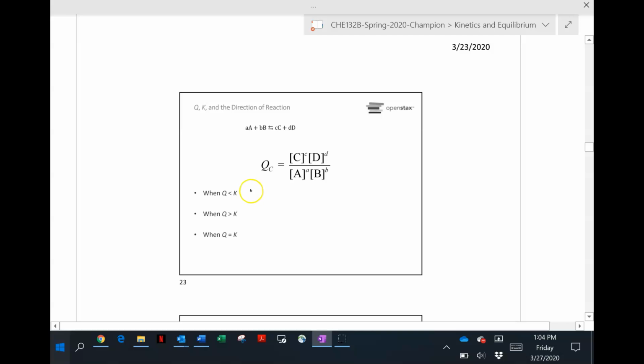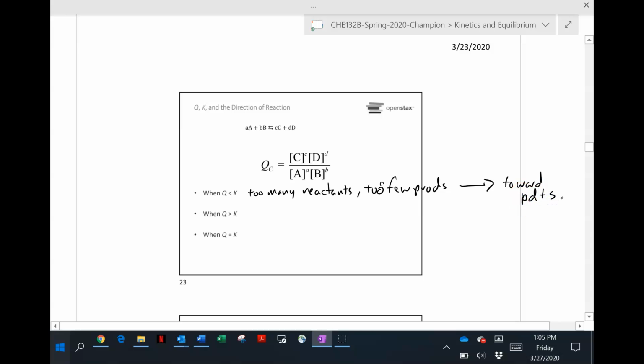So we've got too many reactants, too few products, so we're going to shift towards the products to reach equilibrium.